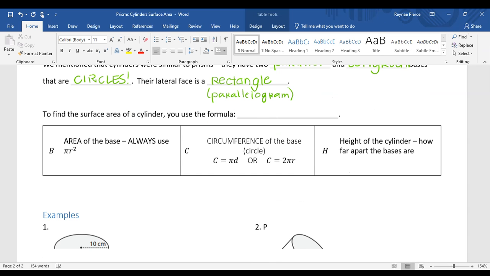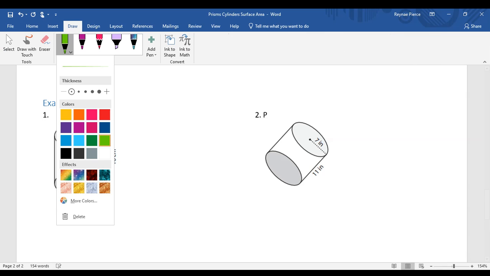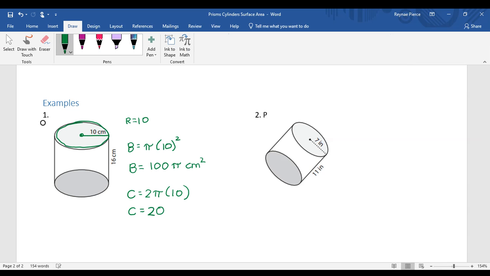Okay, first example here, the radius of our base is 10. Okay, so to find the area of that base, remember it's always going to be pi r squared for cylinders. Okay, since we're given the radius here, I'm going to use 2 pi times my radius to find my circumference of 20 pi.